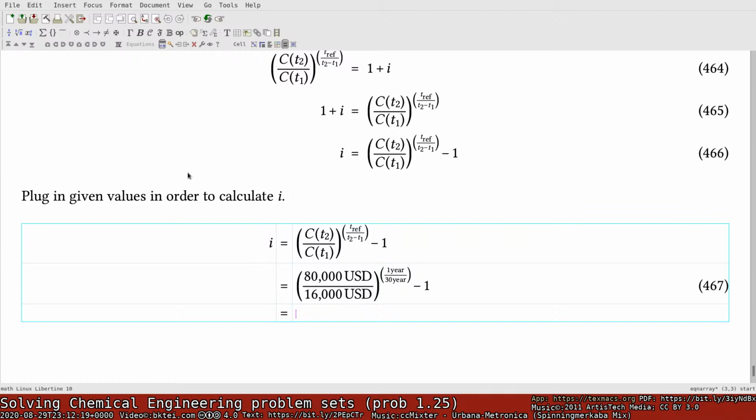Let's go ahead and put that into our calculator. See what happens. So quantity 80,000, 80 divided by 16 raised to the quantity 1 divided by 30. Subtract 1. Okay, so that is equal to 0.05511, which is equal to about 5.5.